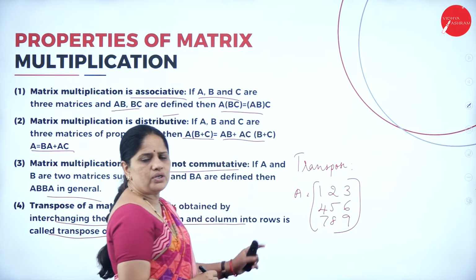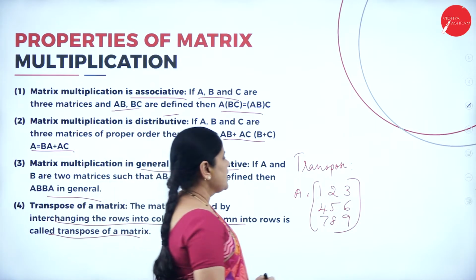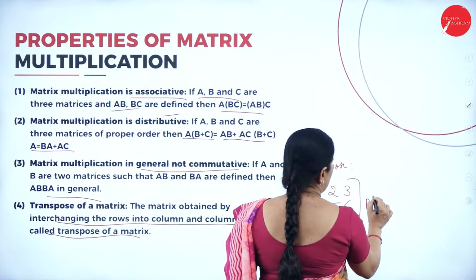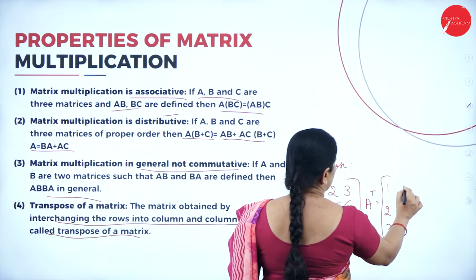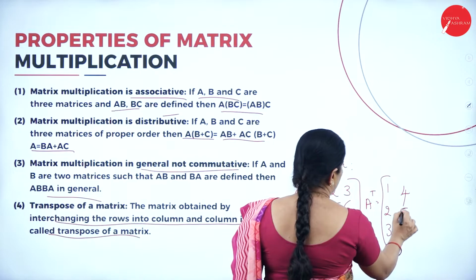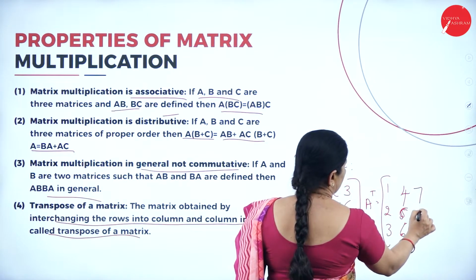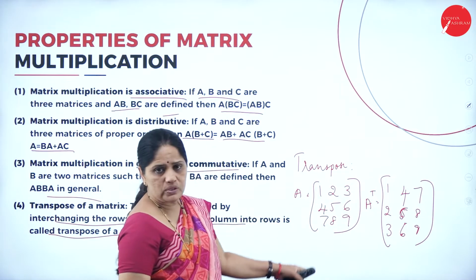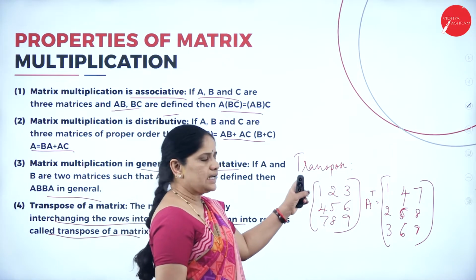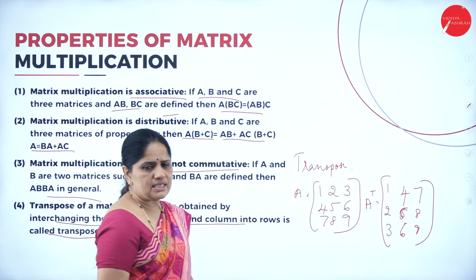Now, if I want to have the transpose of this, I will write A transpose equals 1, 2, 3, 4, 5, 6, 7, 8, 9 with rows converted into columns. So I just convert the rows into columns, then I get the transpose of the given matrix.